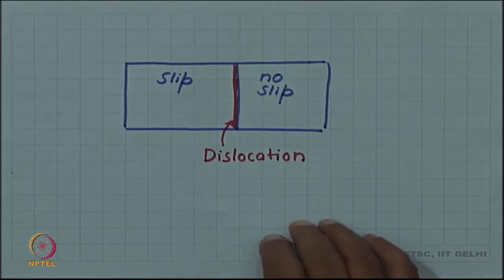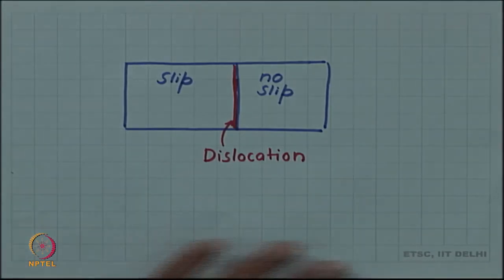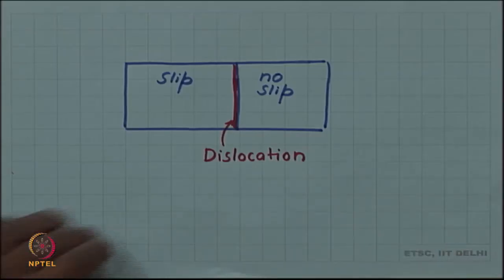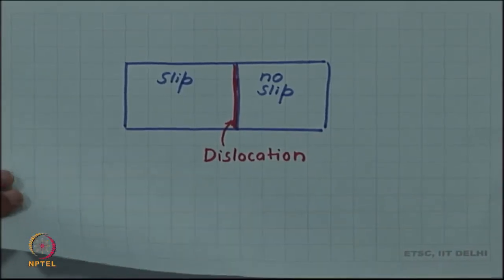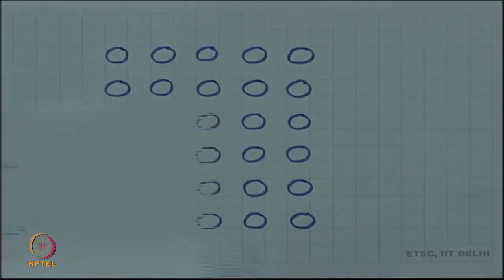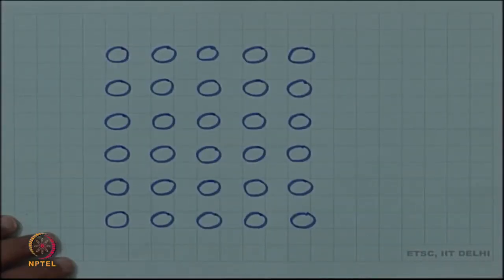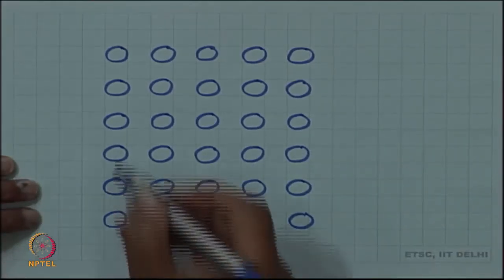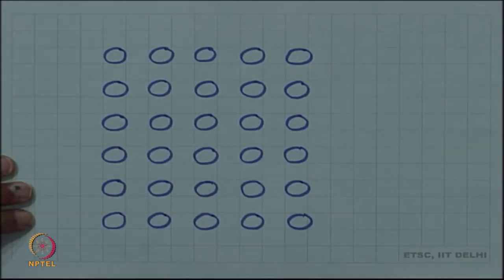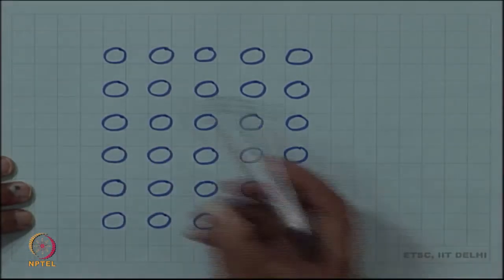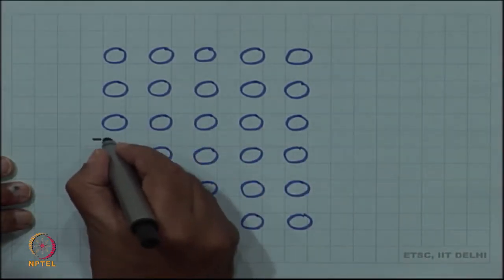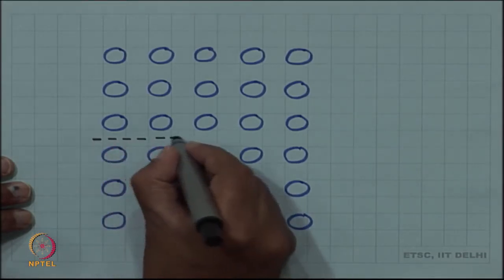But why should dislocation lead to an easy deformation of the material? So, let us look at that in this picture. Suppose this is a crystal, and suppose we cut this crystal on some slip plane.